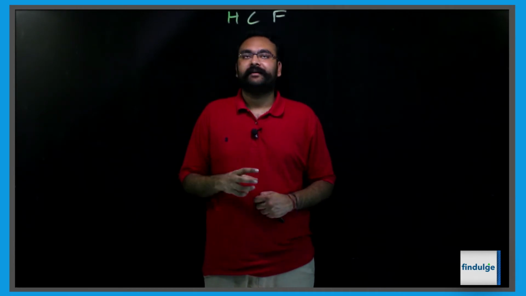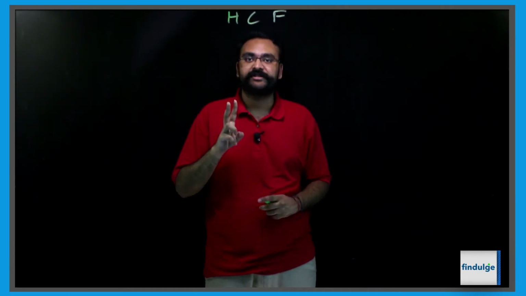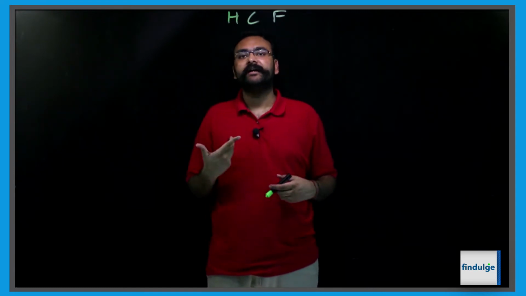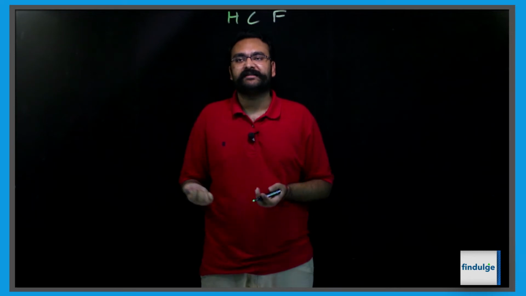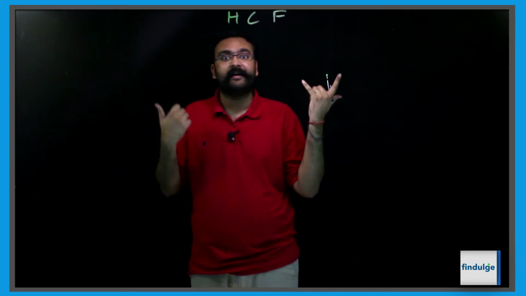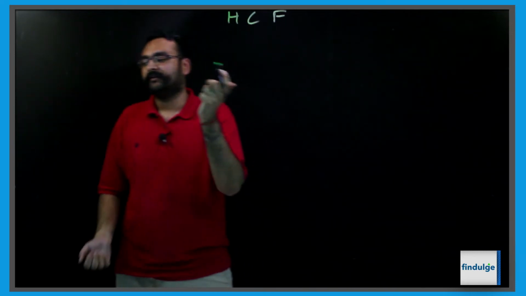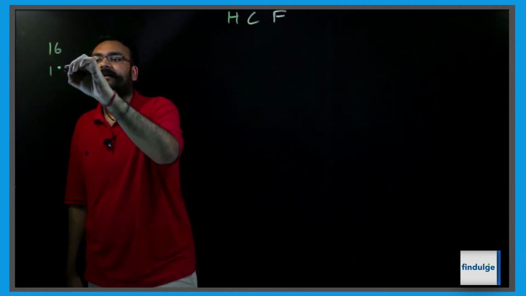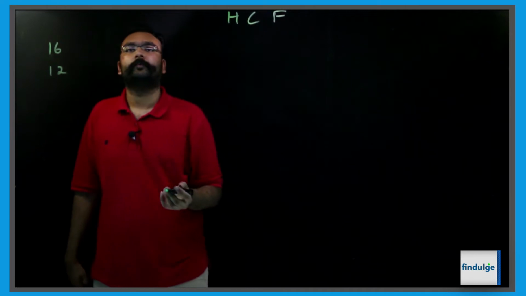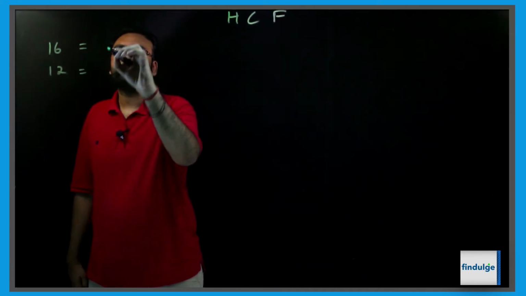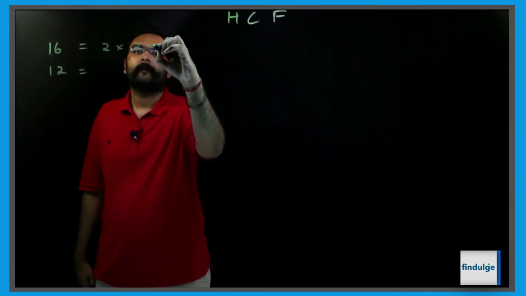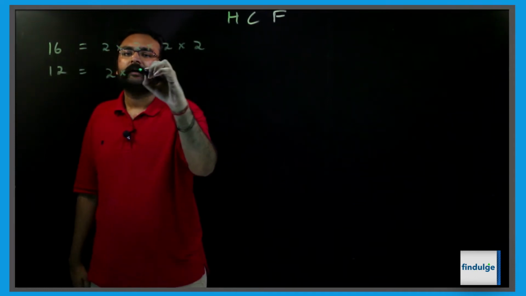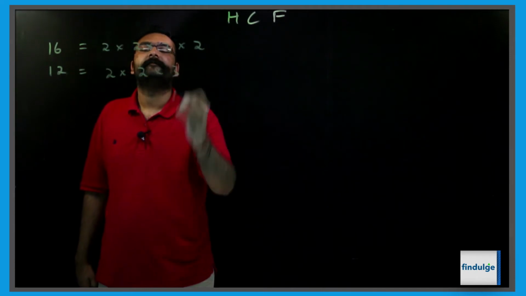So now let's look at calculating the HCF of two numbers in a new way. Earlier, when we were in younger classes, I think all the way back to class 5 or 6 even, we learned that to calculate the HCF of two numbers, let's say 16 and 12, we would write out their prime factors. 12 is 2 into 2 into 3.